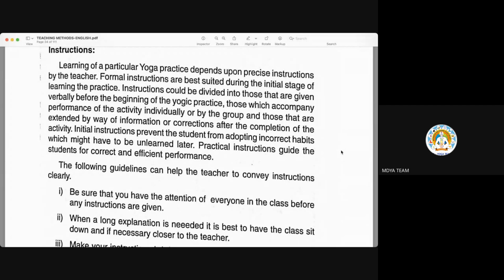So how the teacher is communicating, or we can say commanding, the instructions to the students. Now, formal instructions are best suited during the initial stage of learning the practice, because you have to tell them theoretically and then practically, and in that also step by step.